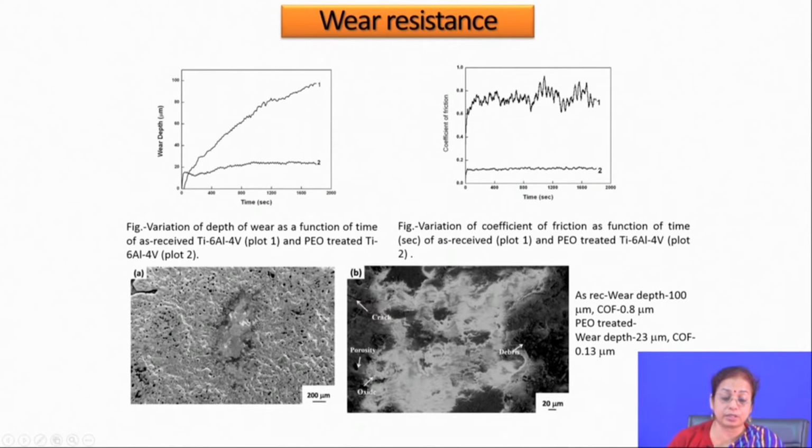So, it is an oxidized layer, and if you see carefully after the wear, you will find that there is removal of material from the surface, and that removed material, if you check carefully, will consist of oxides, because this is the oxide layer only.